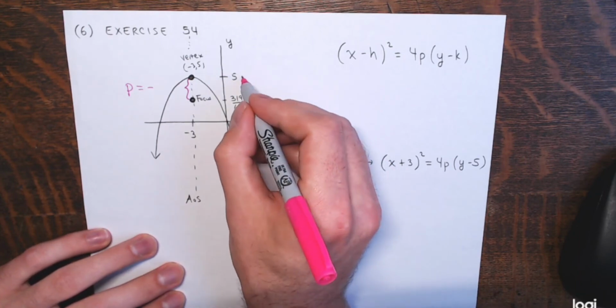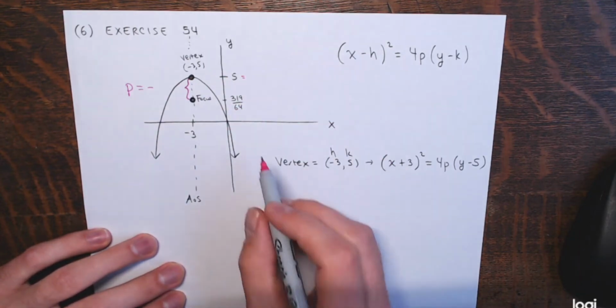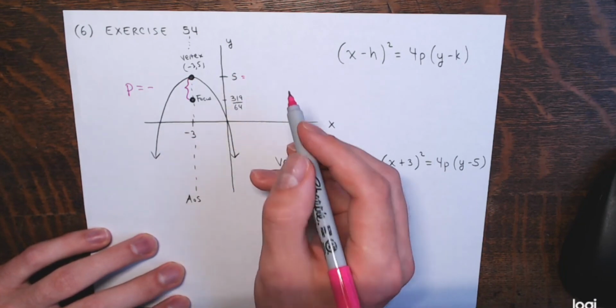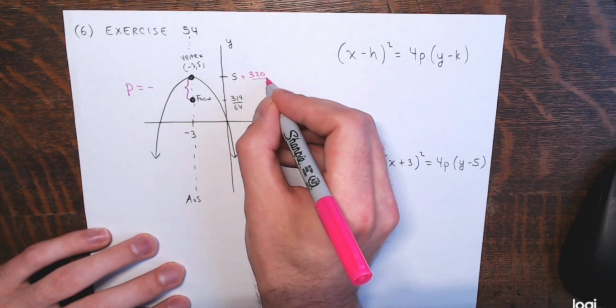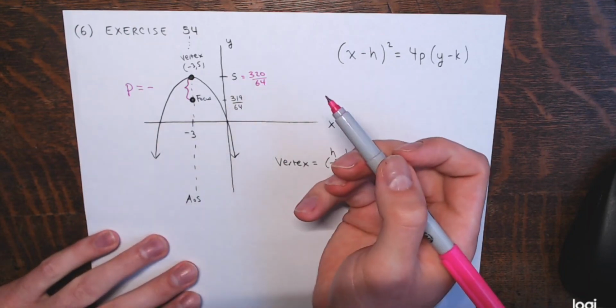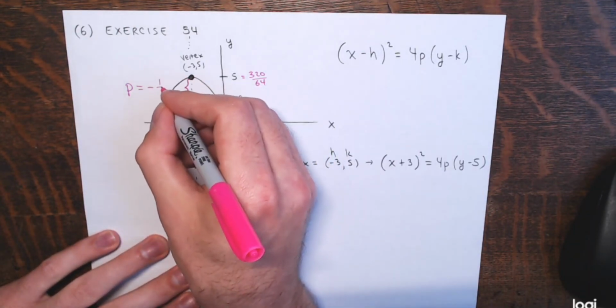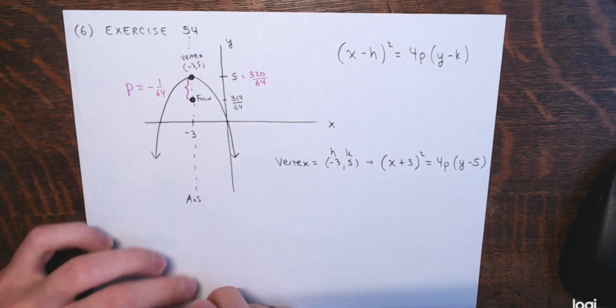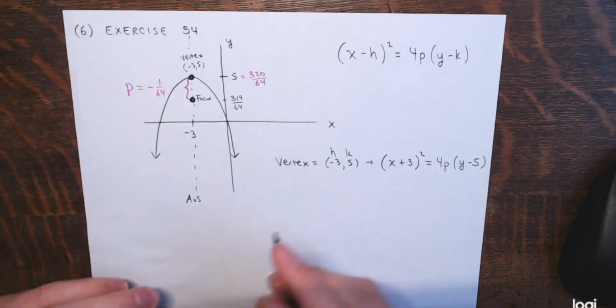Now 5, when you get a common denominator, multiply by 64 over 64, that'd be 320/64. All right, 5 times 64 would be 320. So the difference here is only 1/64, but it's down, right? So the value of p is negative 1/64 for this particular parabola.